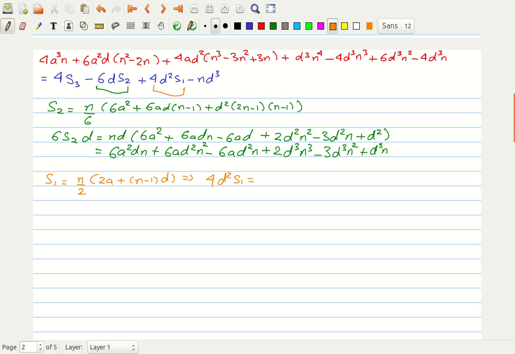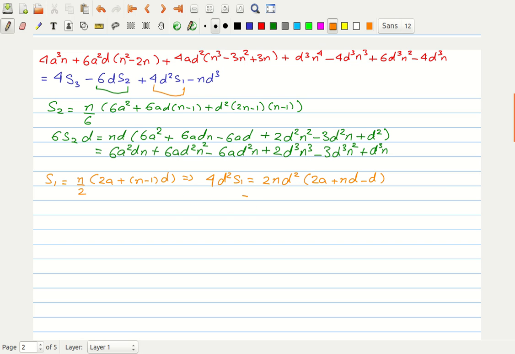So this is 2 n d square, and we multiply this by 2a plus n d minus d, right?